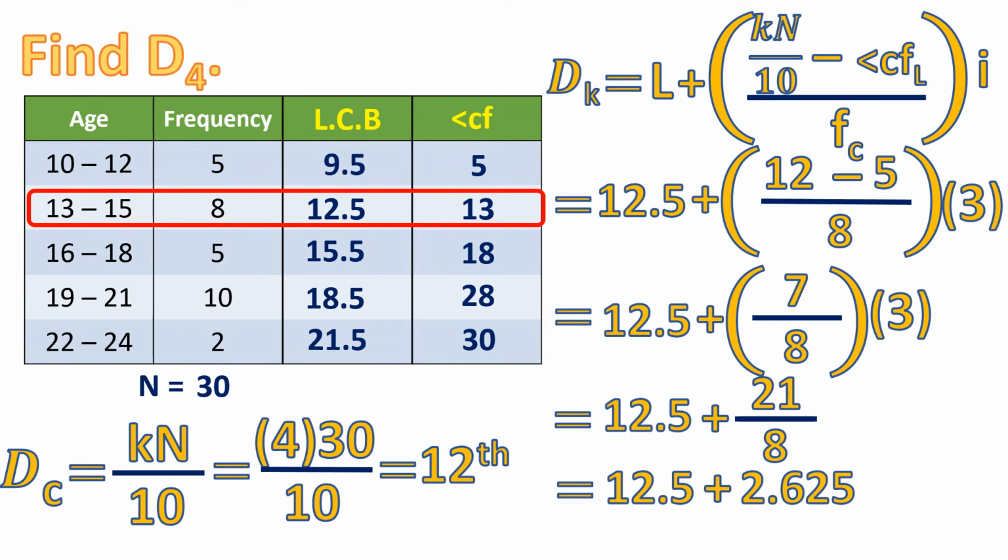And let's get the sum. So the fourth decile is approximately, because we will round off, 15.13. And that is the fourth decile. So this means that 40% of the data is lesser than 15.13, or 40% of the participants is having an age lesser than 15.13 years old.